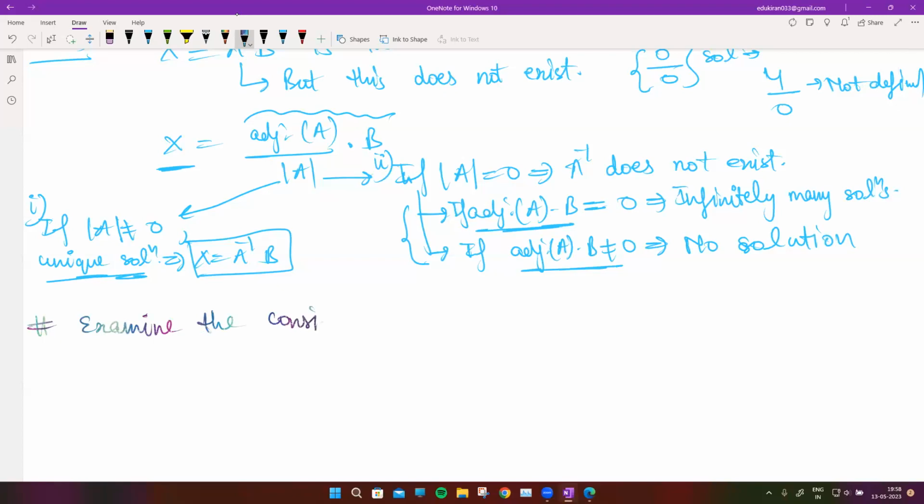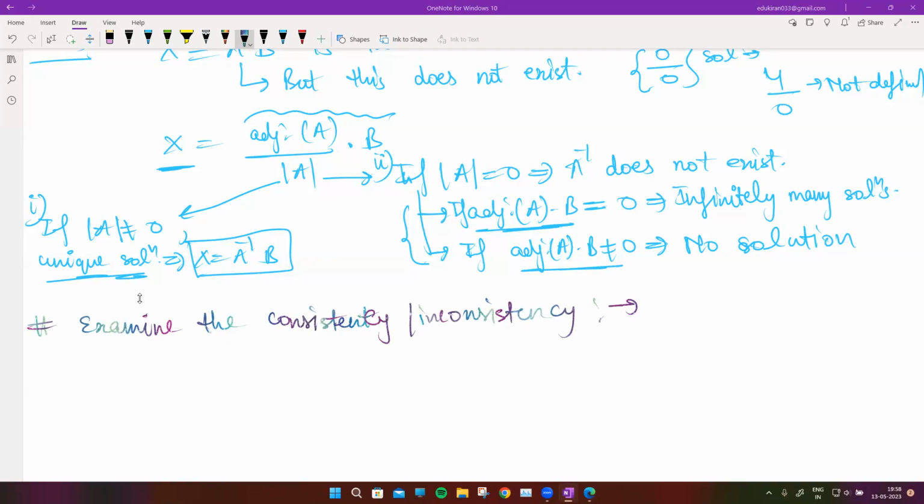If you want to identify whether a given system is consistent or inconsistent, first of all, what is this case? Unique solution. Is this consistent or inconsistent? When the determinant of A is not equal to 0, it means you got a unique solution.